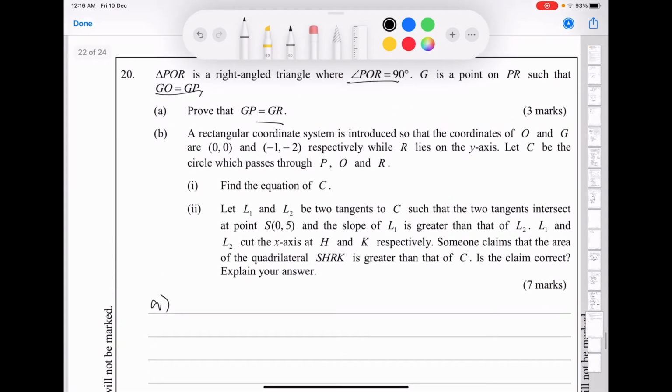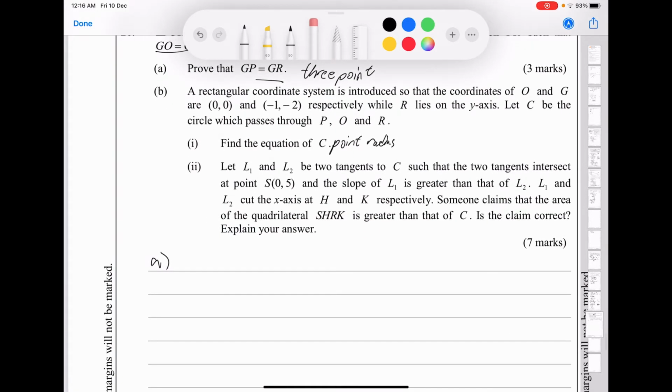You can either use the 3-point form, which is way longer, or you can directly use the point-radius form. In this case, I'll use the point-radius form because it's way faster.